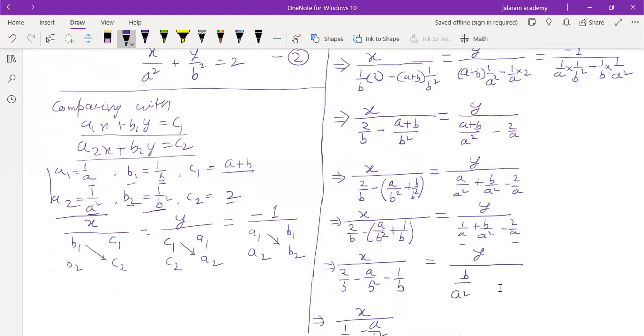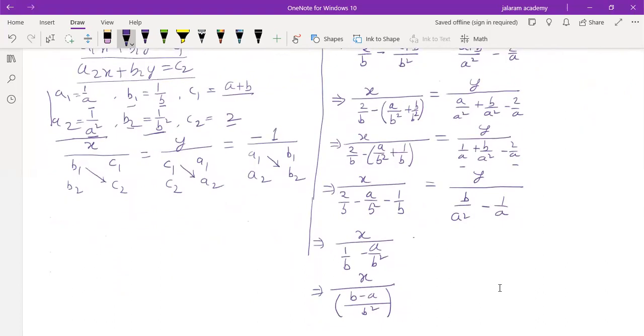So b by a square minus 1 by a. Is that clear to you? Equals to y upon, the LCM is a square, so again it is b minus a.